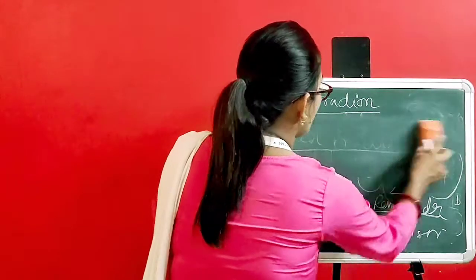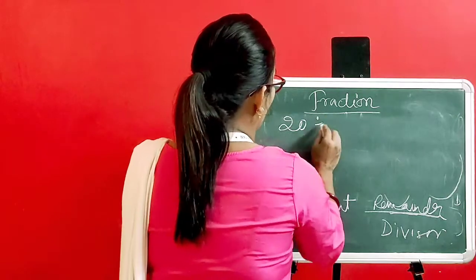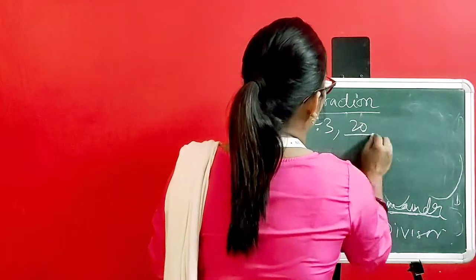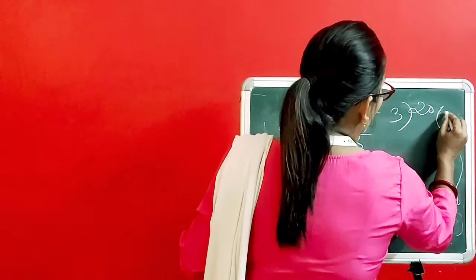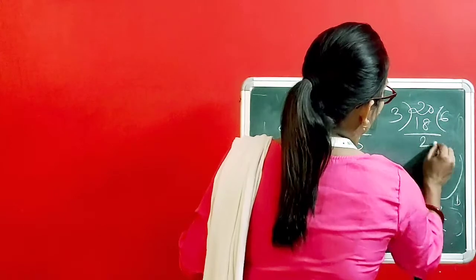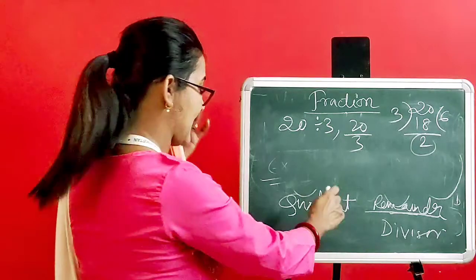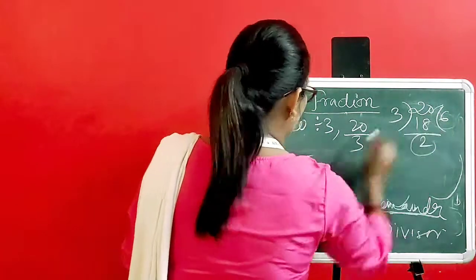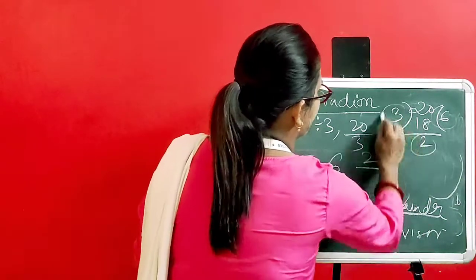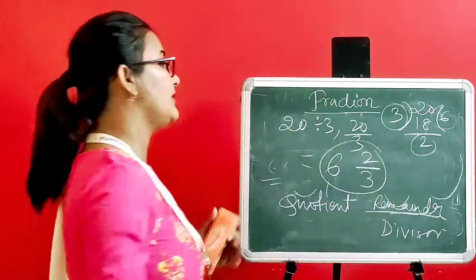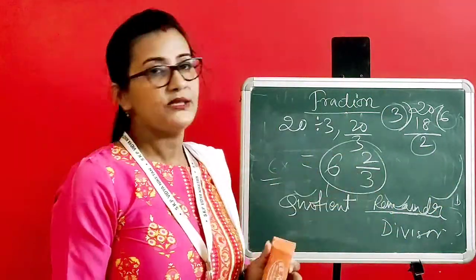Now see, suppose you are dividing 20 by 3. 3 sixes are 18, down here 2 is the remainder. Now these things you have to write in this format. What is the quotient here? This 6. Then the remainder. What is the remainder here? 2. Then divisor. The divisor is 3. So this is how we represent a given improper fraction as a mixed fraction.